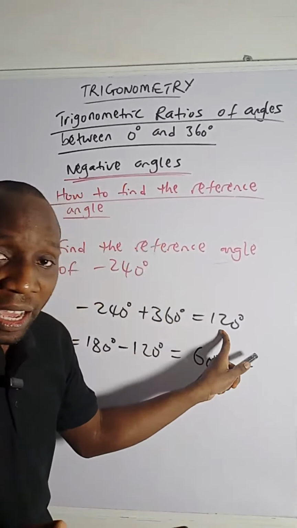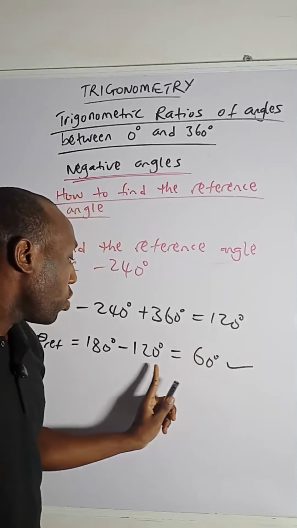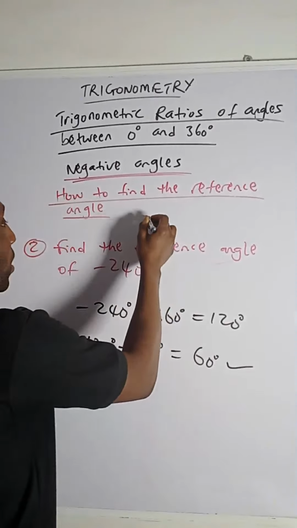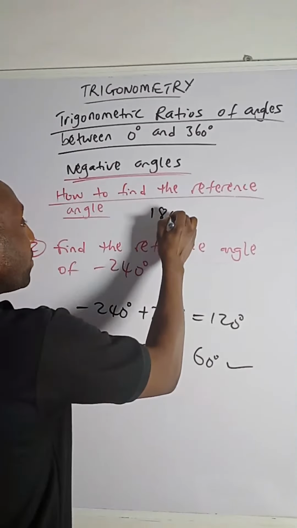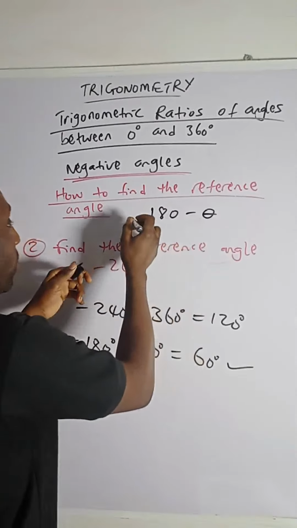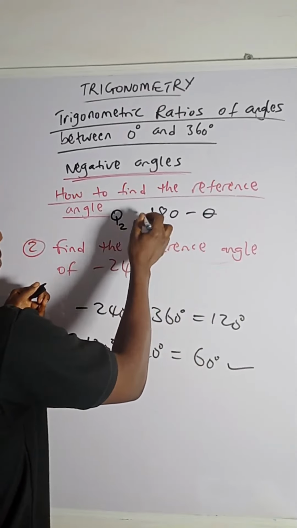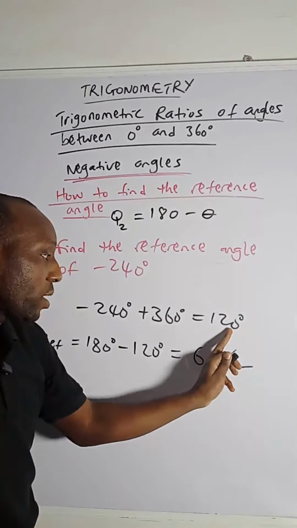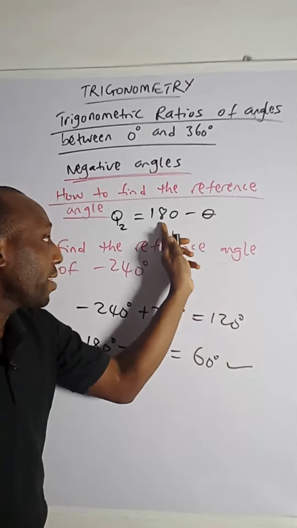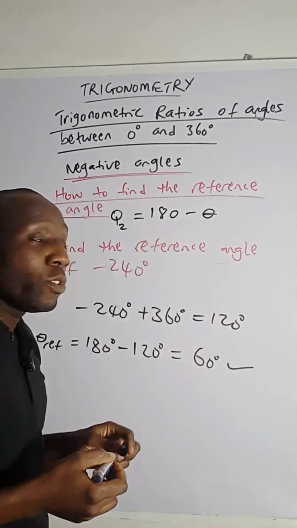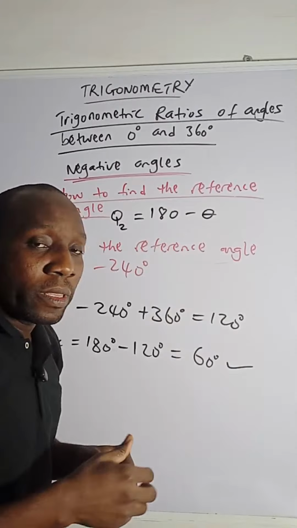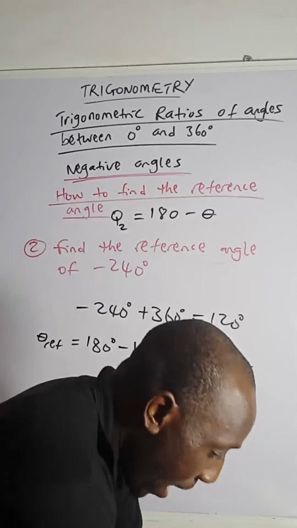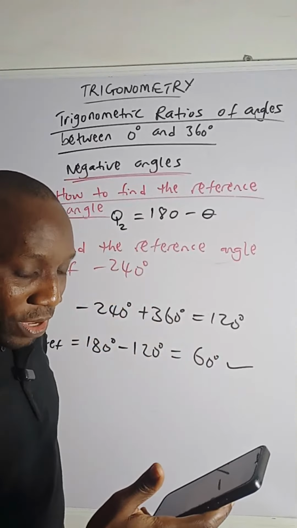But to get the reference angle, you subtract, because the formula in the second quadrant is 180 degrees minus theta. Theta is the angle, which is 120 degrees. You take that away from 180 degrees, and it gives you the reference angle in the second quadrant. Any question? We have to move on.